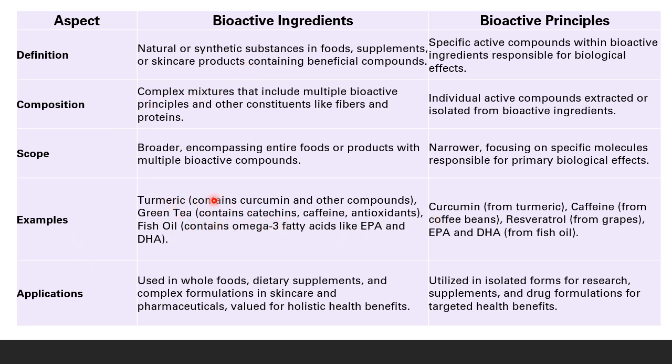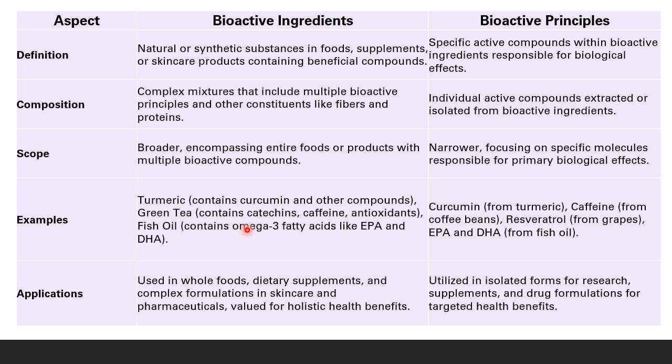Turmeric is a bioactive ingredient and curcumin from the turmeric is a bioactive principle. So when you start consuming turmeric in your daily routine, you are actually having the health benefits of curcumin from the turmeric.